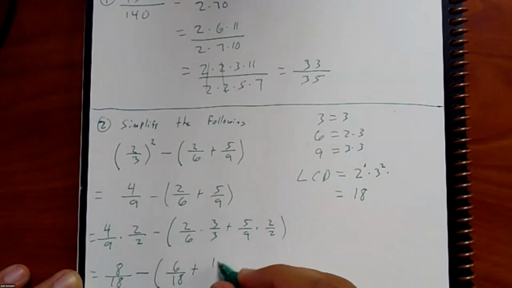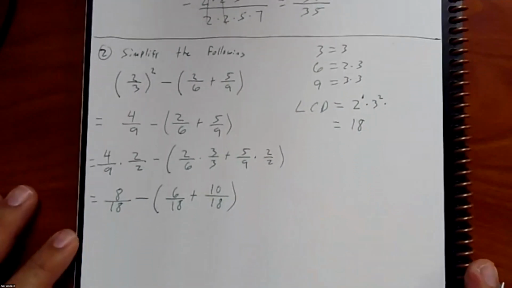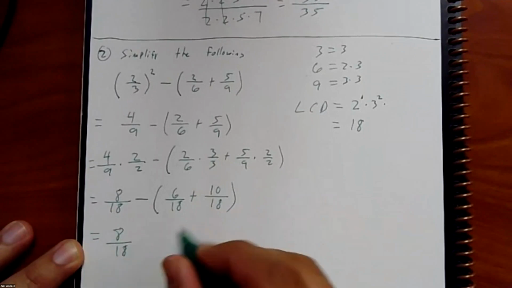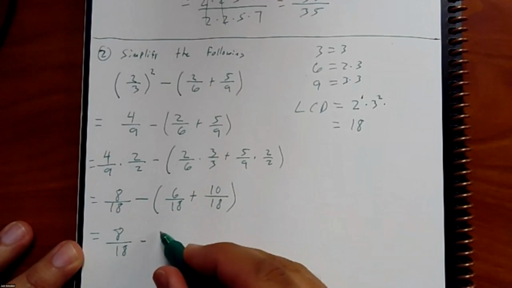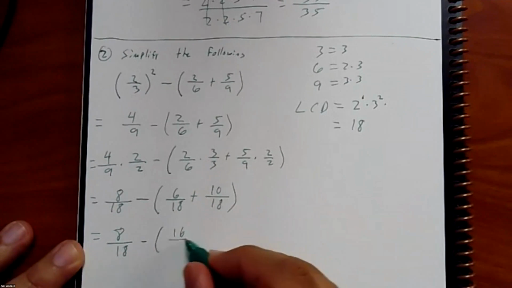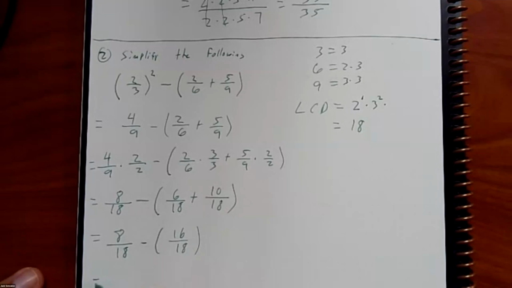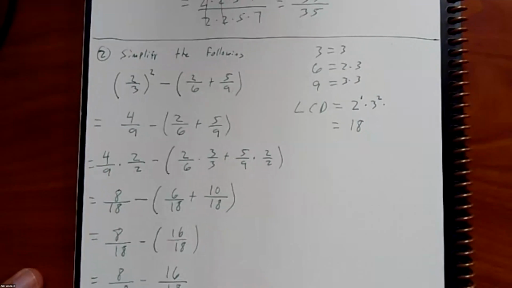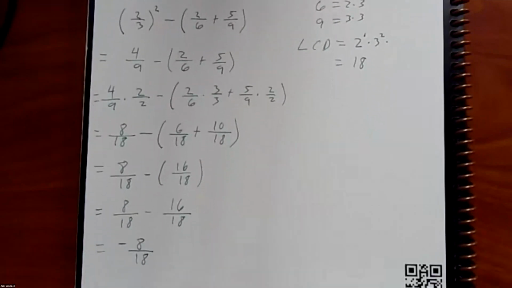Now, I'm assuming you remember your fractions, and if not, let me know if something doesn't make sense. So add these up, that'll be minus 16/18. So 8 minus 16 will be negative 8/18.